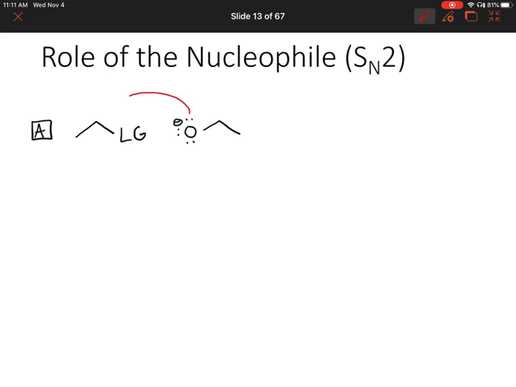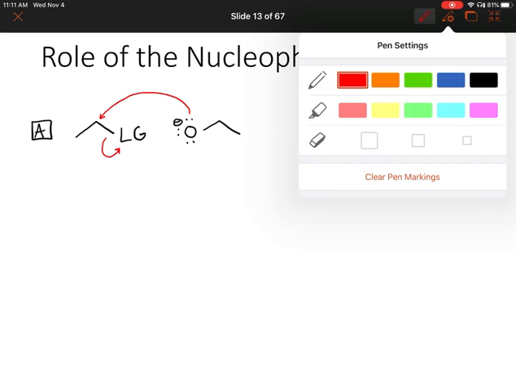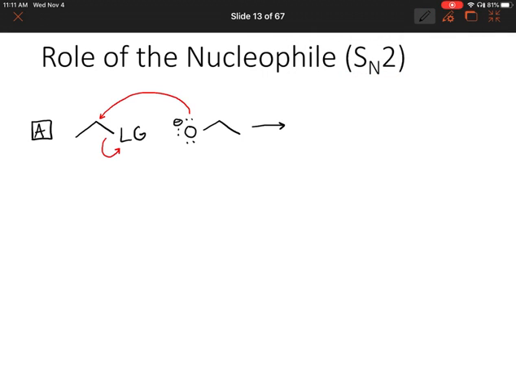So the nucleophile attacks the carbon neighboring the leaving group, and then the leaving group leaves. And our products, in this case, would look something like this. So this product is actually called diethyl ether. And this is something that's used in organic chemistry a lot in order to dissolve organic compounds.